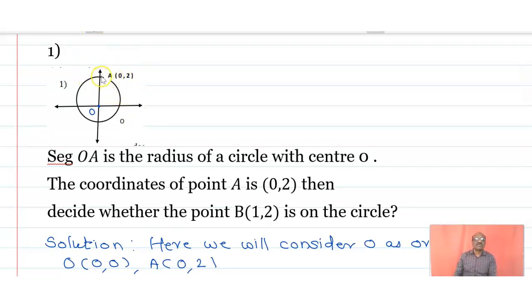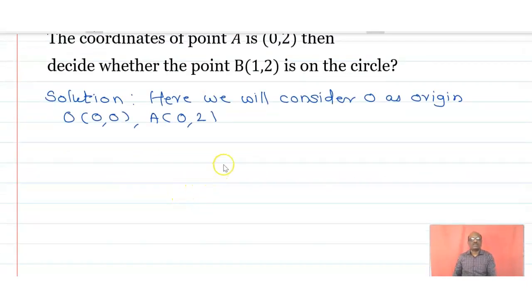This point is here. Coordinate of A is 0, 2. The radius is equals to OA, and here we will apply the distance formula.